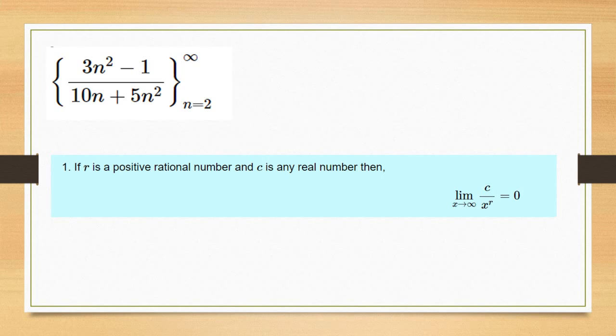If r is a positive rational number and c is any real number, then the limit of c over x raised to r as x approaches positive infinity is equal to 0.